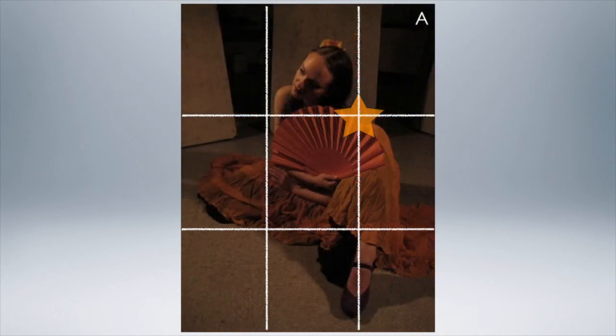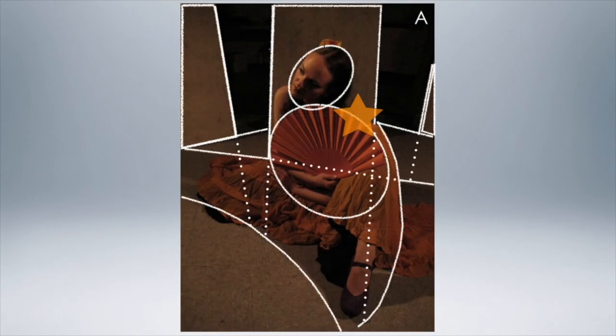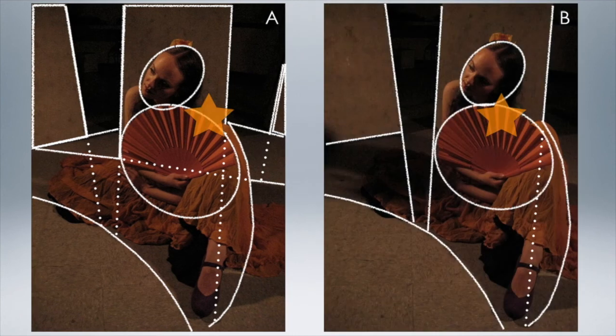If we look at the two paintings together, same focal point, in other words, on the same intersection of the thirds, the painting on the left, to me, and again, it could be completely an individual choice, seems to be an image of her, the dancer, interacting with her surroundings.